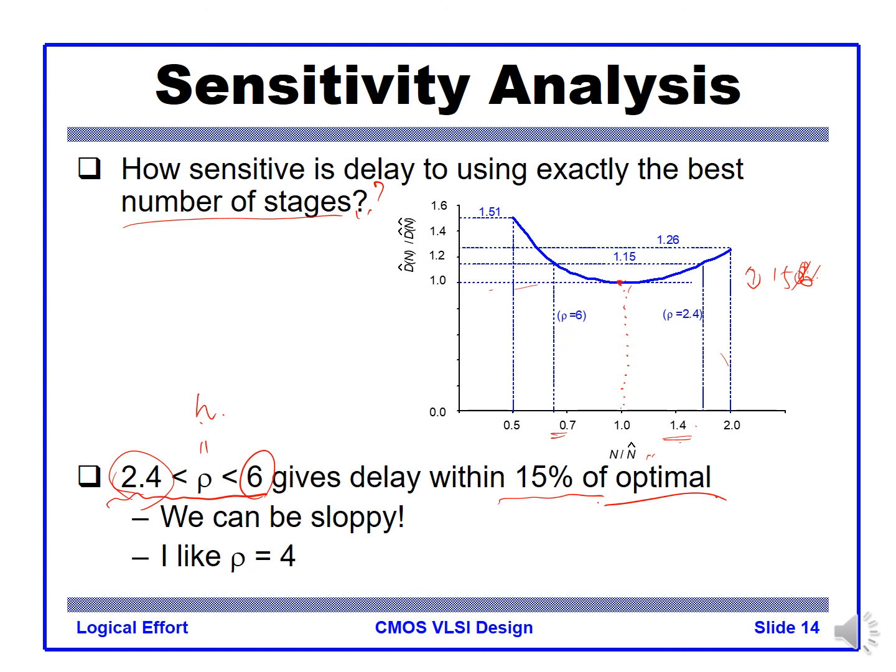So people can choose to start from 4. So 4 is the number if we consider the parasitic delay, right? With parasitic delay P inv equal to 1, that gives us a starting point of rho equal to 4, a fan out of 4 here.